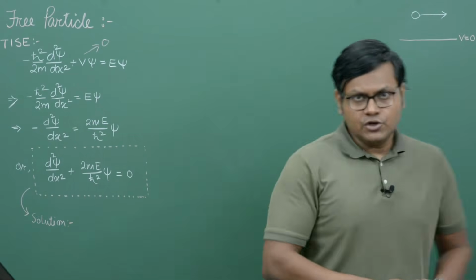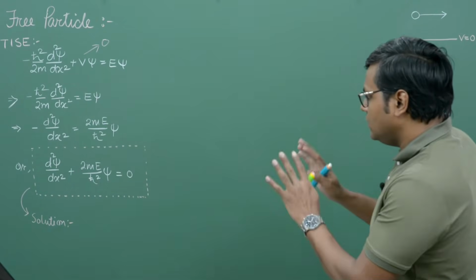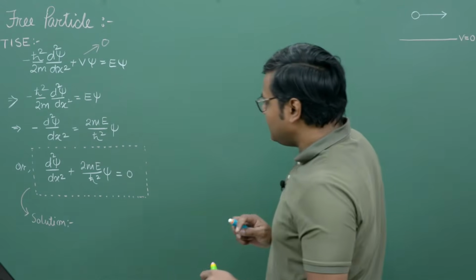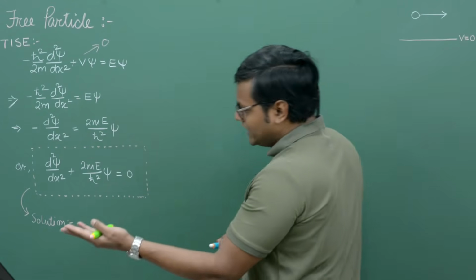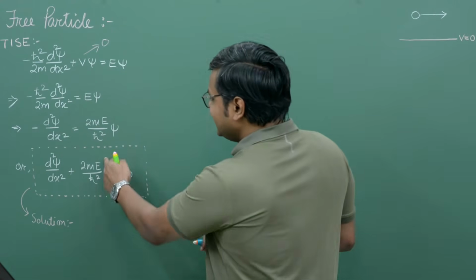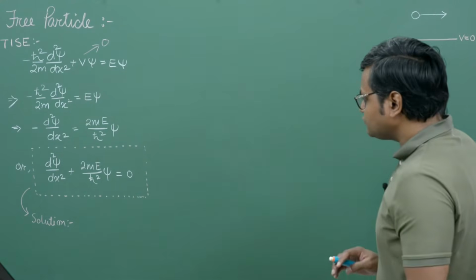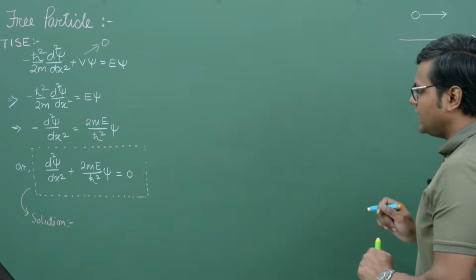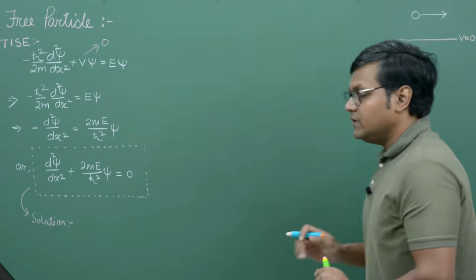To get an idea about the solution, let's first look at a couple of expressions. Here h cross, you know what h cross is, Planck constant divided by 2 pi. m is the mass of the particle, E is the total energy of the particle. There are a couple of relationships that I want you to keep in mind.